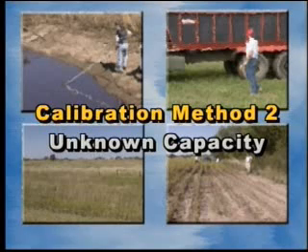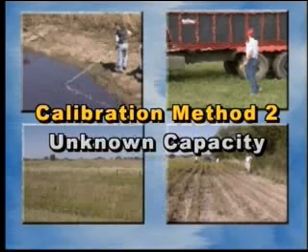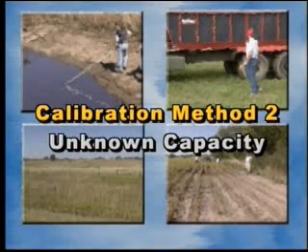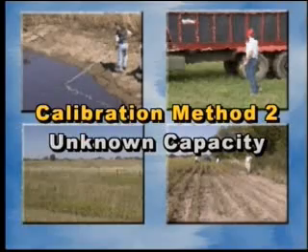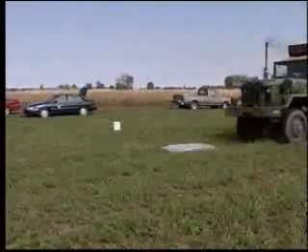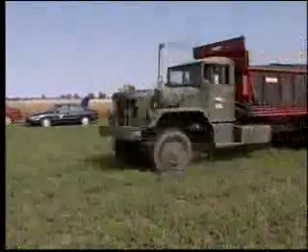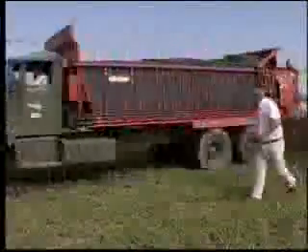When calculating the application rate where the spreader capacity is unknown, we'll have to pull some tricks that will give us an approximation. One trick that we can use with dry manure is to lay out plastic sheets on the ground, preferably 22 square feet in area.